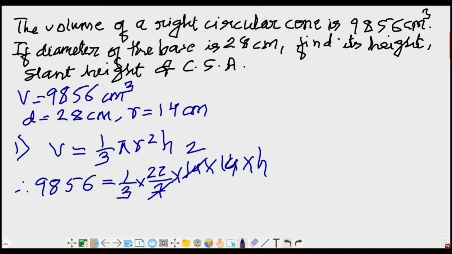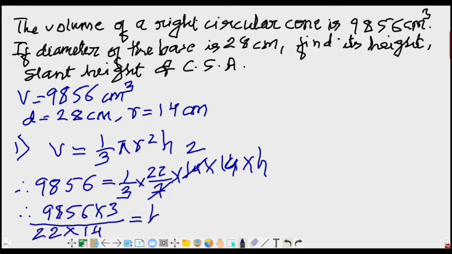Now transfer everything towards the left hand side. So 9856 get multiplied with 3 upon 22 into 14. That will give you height. When you solve this, you will get the height as 48 centimeter.